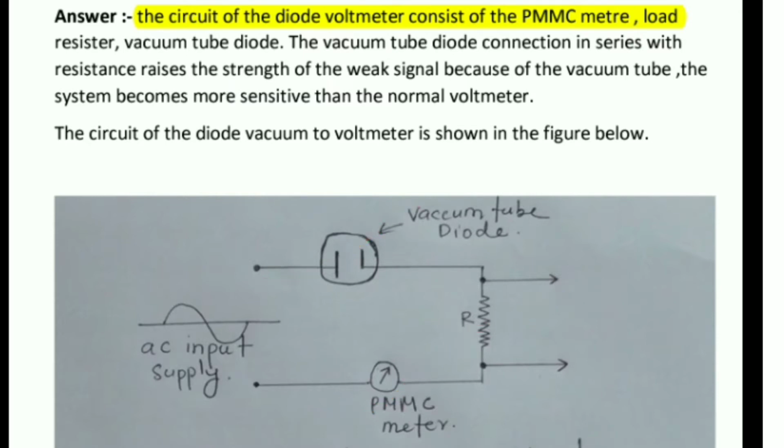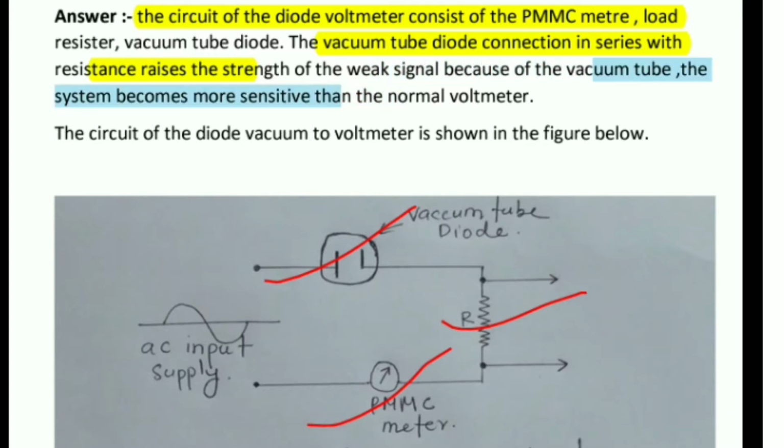The vacuum tube diode is connected in series with a series resistance. This series resistance raises the strength of the weak signal because the vacuum tube system becomes more sensitive than a normal voltmeter.